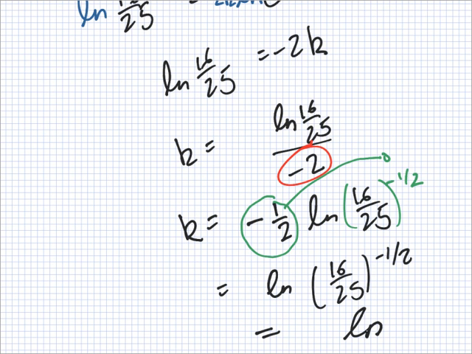It said 5 over 4? Did it give it as a fraction or a decimal for you? Fraction. You got 5 over 4? Yeah, that's good, okay.